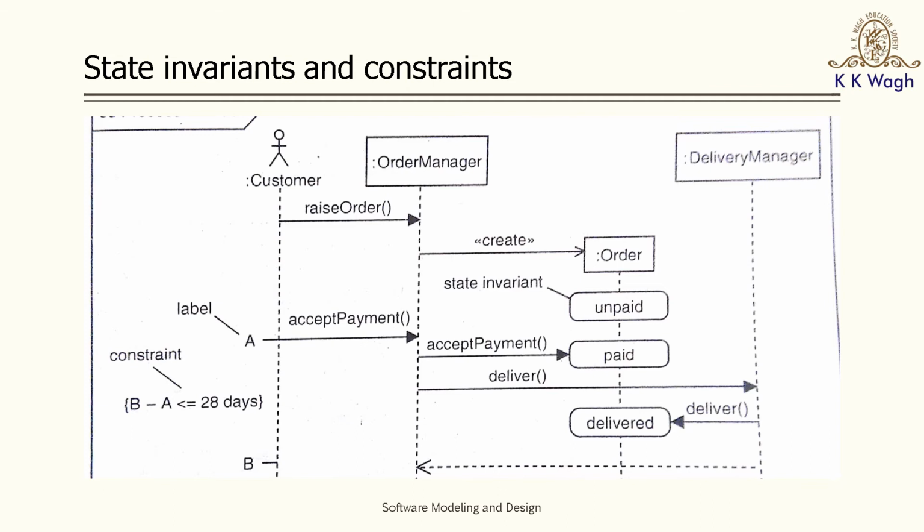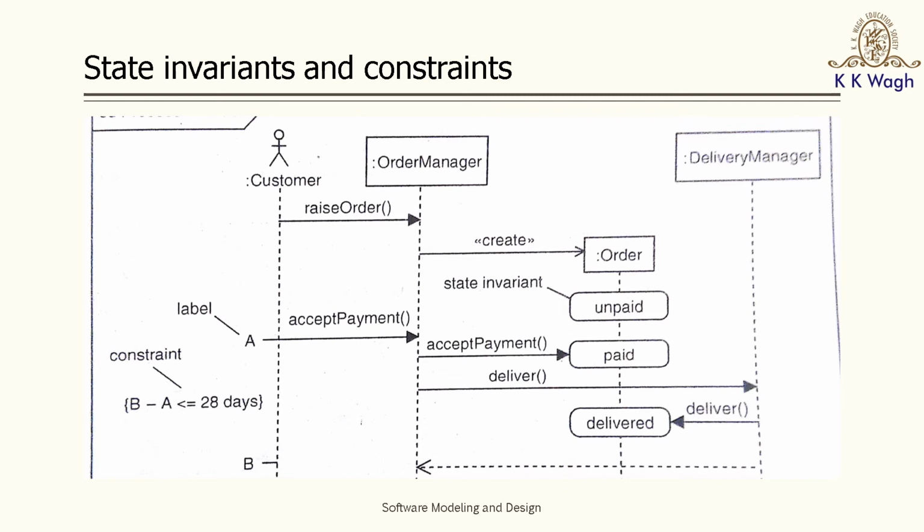At some later time the delivery manager instance is sent the message deliver. It forwards this message to the order instance, causing it to transition to the state delivered. Now again the state is changed, from paid to delivered, meaning the delivery is completed.